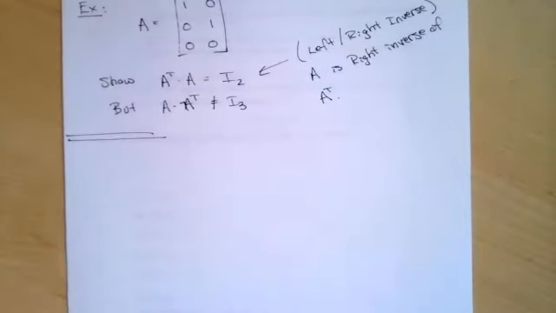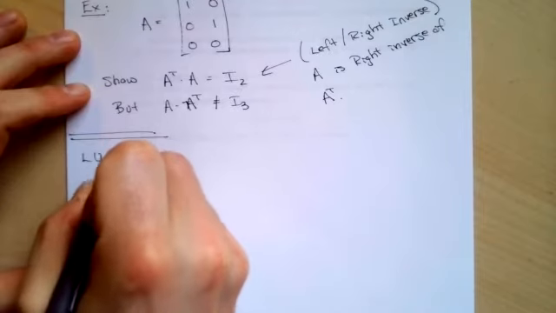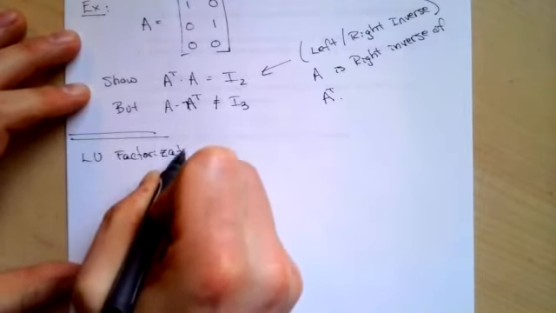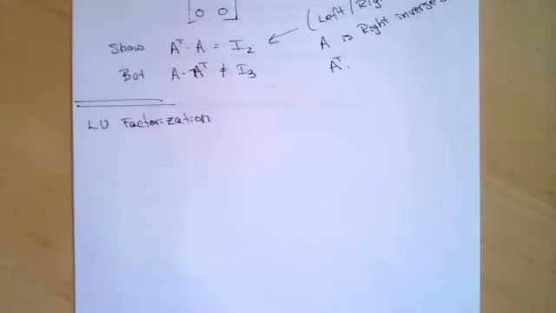Okay, so the last topic for the day, we've only got about 20, 25 minutes, is going to be LU factorization. This is the last technique we have, another computational technique for solving systems of equations. Make sure you know this, because I will put a problem like this on the midterm tomorrow.